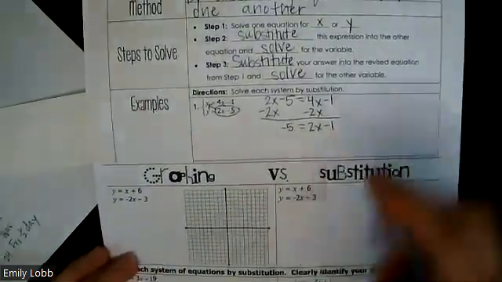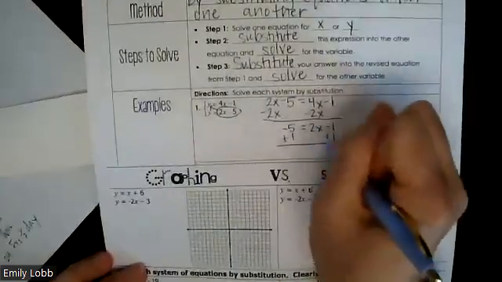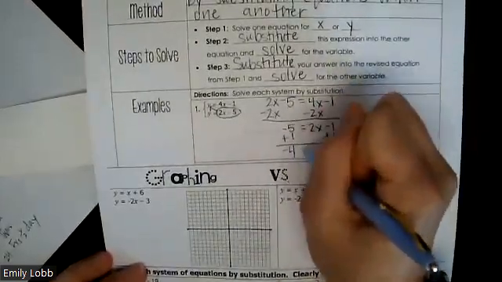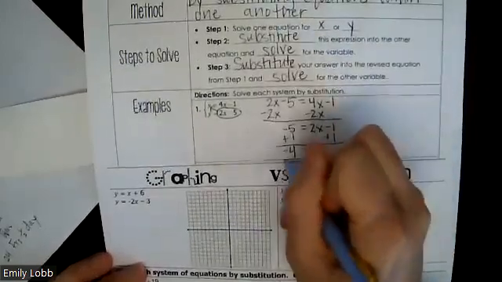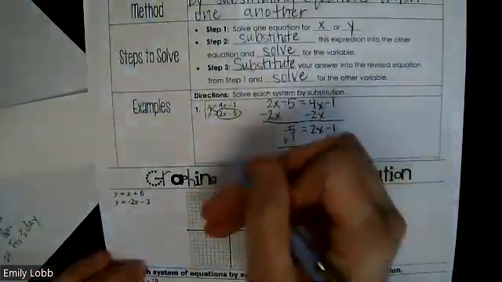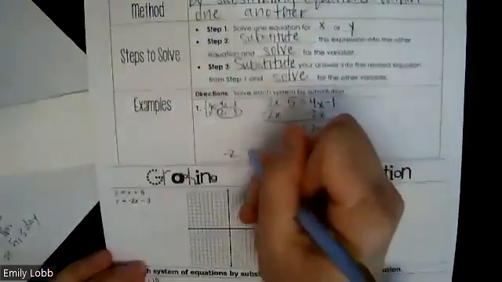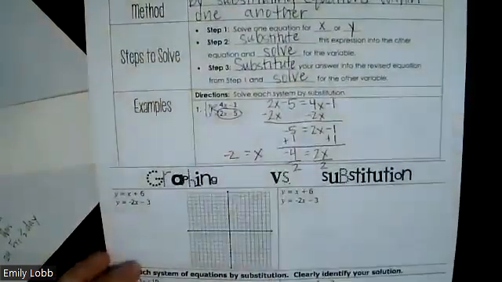I now have a two-step equation, so I'm going to get rid of my constant first by taking the opposite of it from both sides. So I have negative 4 equals 2x. Divide by the coefficient. So negative 2, right? Negative 4 divided by 2 is negative 2 is equal to x.